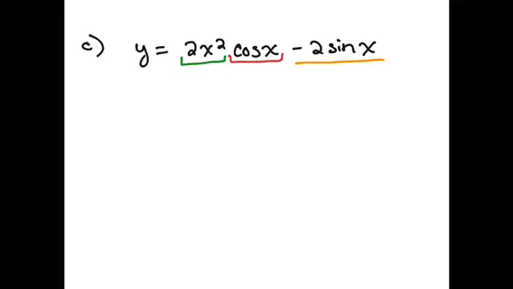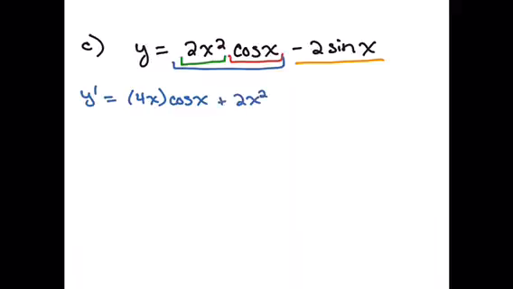So when we do this problem, working just with this part first, I'm going to do the derivative of the first, that would be 4x, times the second, plus the first, which is 2x squared, times the derivative of the second.